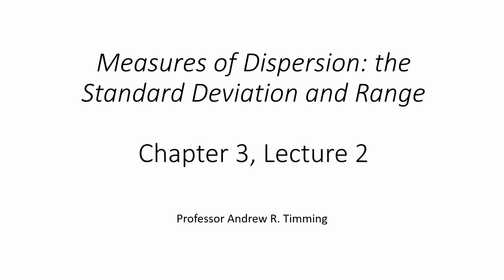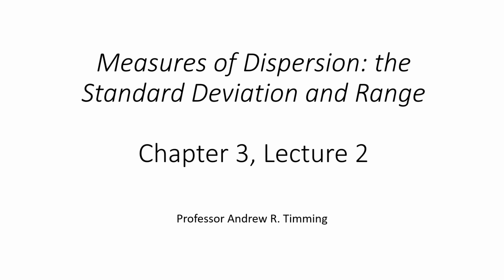In this lecture, we will be focusing on the outward-looking statistics. So these include the range, which is a very basic and simple way of measuring spread or dispersion in a group of scores, in a distribution of scores, as well as the standard deviation, which is a standardized measure of the extent to which a set of scores is spread around the mean.